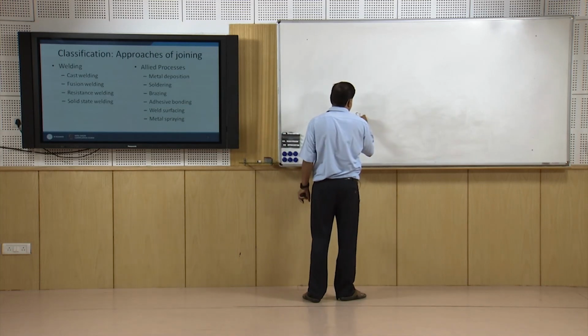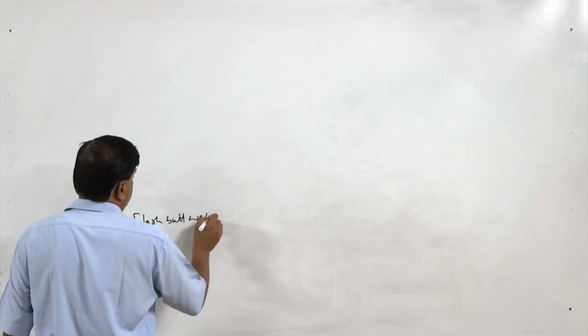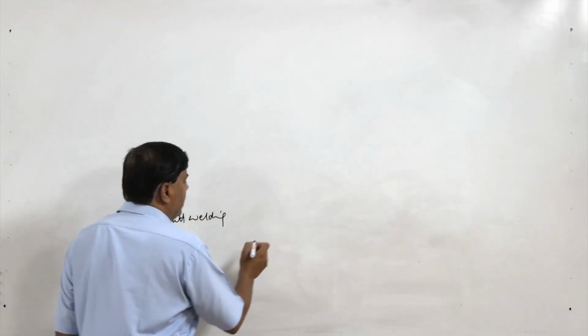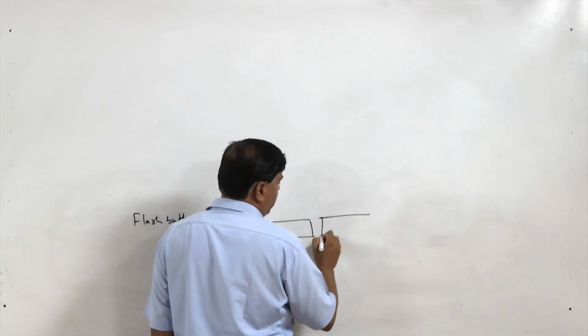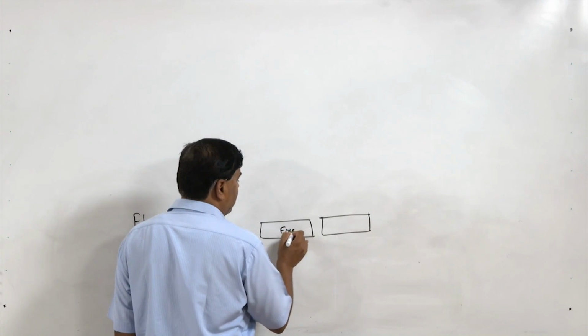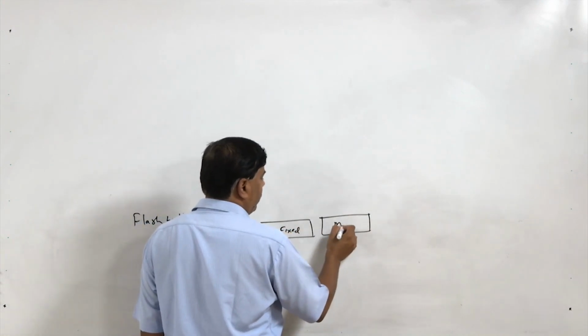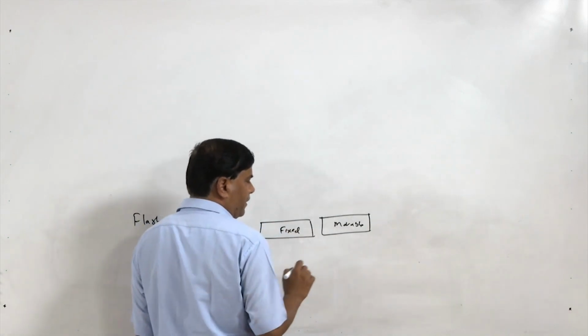So, flash butt welding. Basically in this process there is one component, there is another component, and if the two are to be welded, one is kept fixed and another is movable. Both are fed with the power supplies.